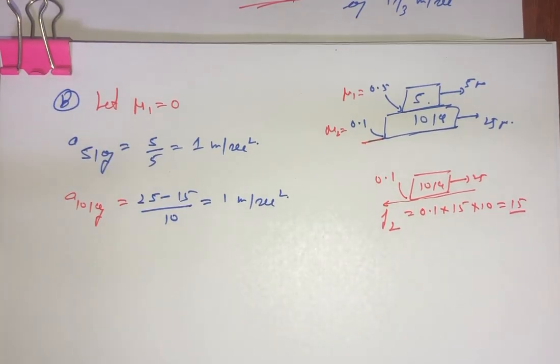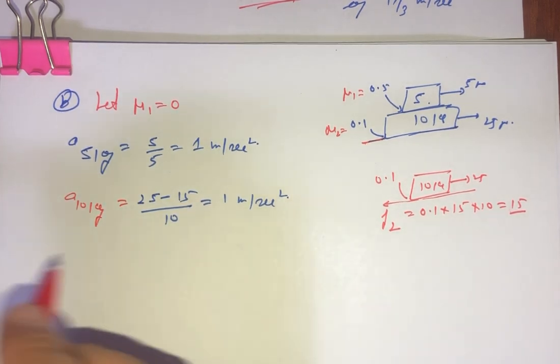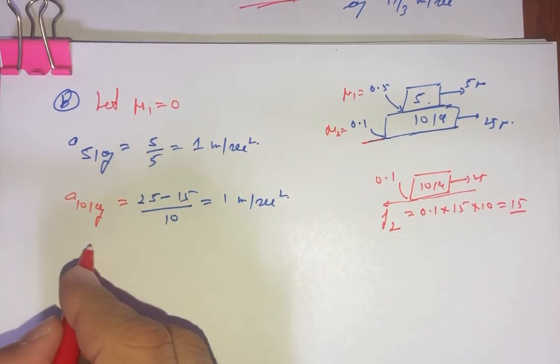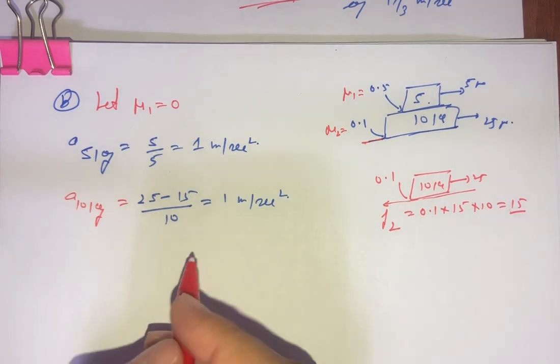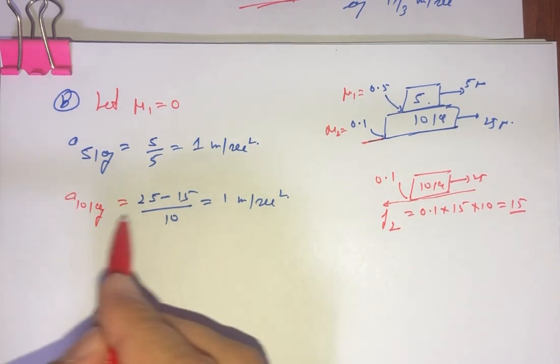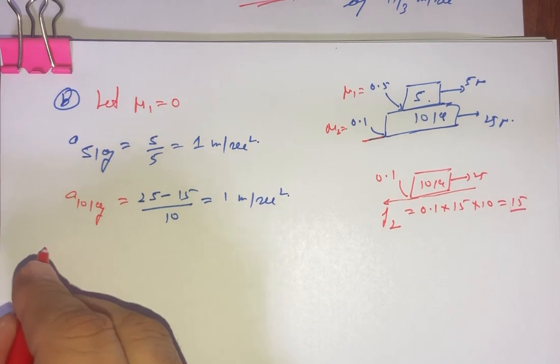So in this case we see that the acceleration of the upper block, which is without friction, is equal to the acceleration of the lower block.